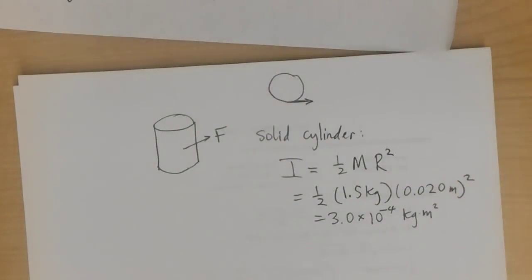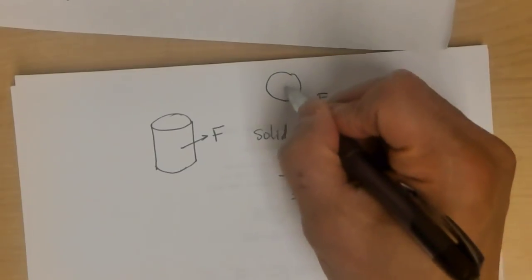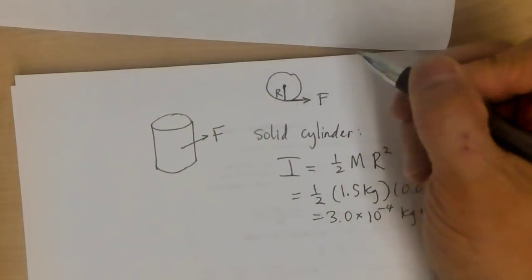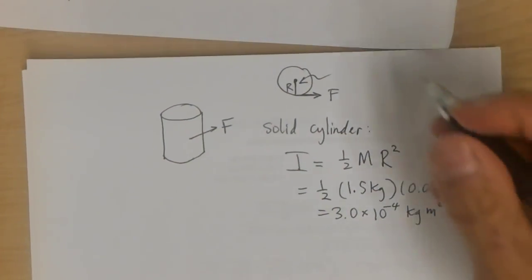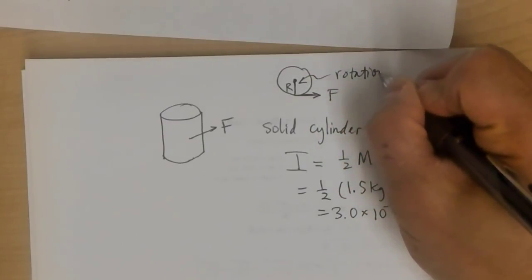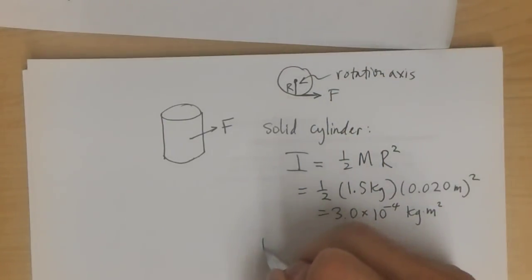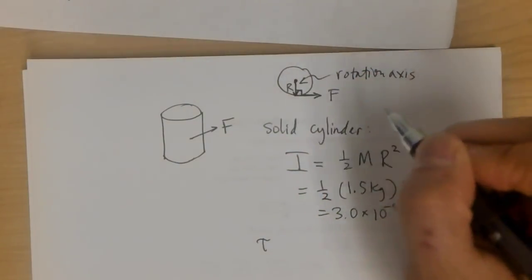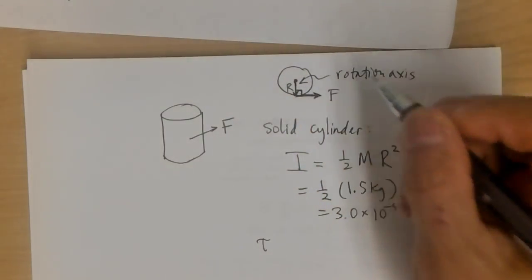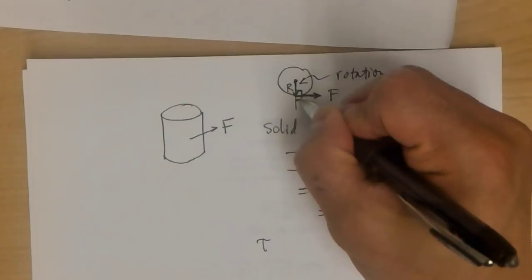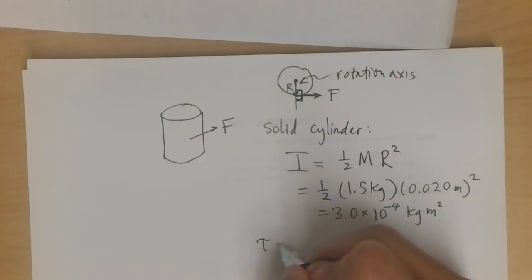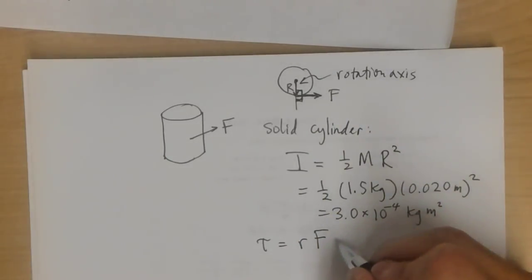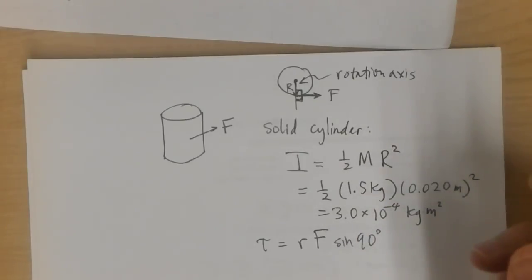So this is our force F. Let's calculate the torque of F. It's going to act at a distance. So this is the center of the sphere, so that's the rotation axis. The angle between this moment vector here and the force will be this angle of 90 degrees. So we have tau is equal to r times F times the sine of 90 degrees.